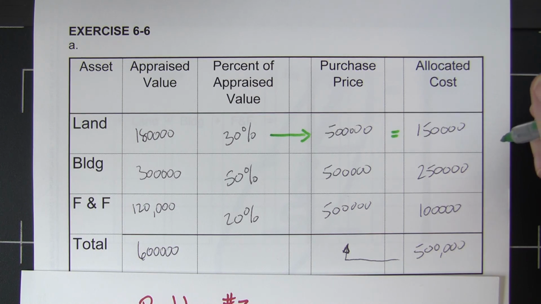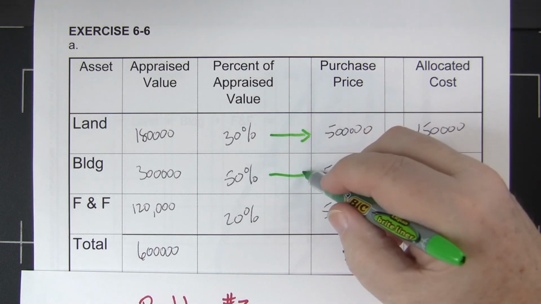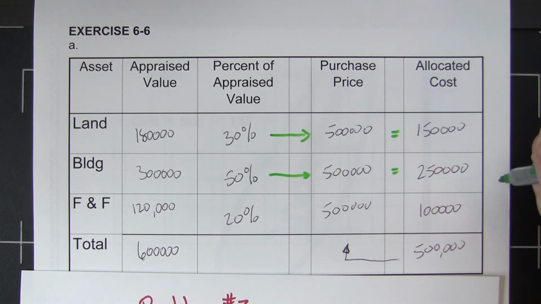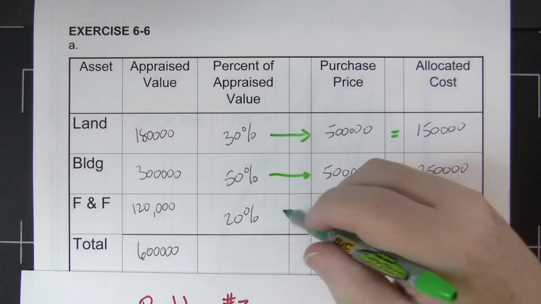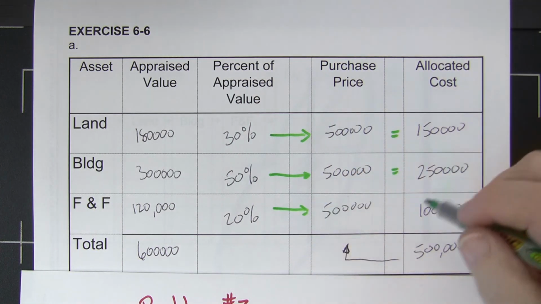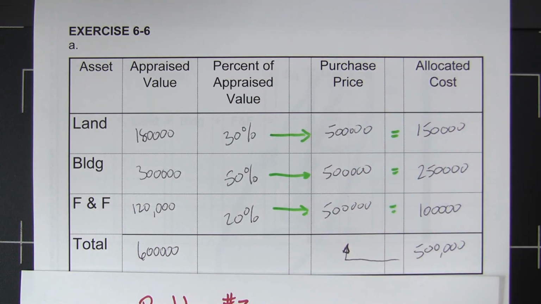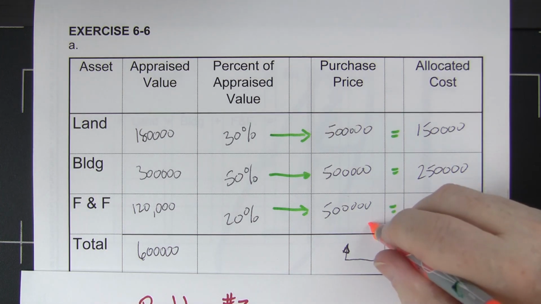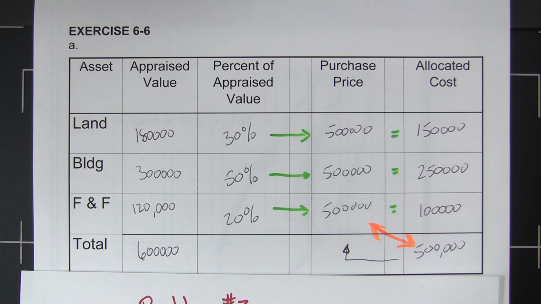So 30% of the purchase was for land. 50% of the purchase was for the building, and 20% of the purchase was for the furniture and fixtures. And if you add those up, they do indeed match. Our allocation was correct.